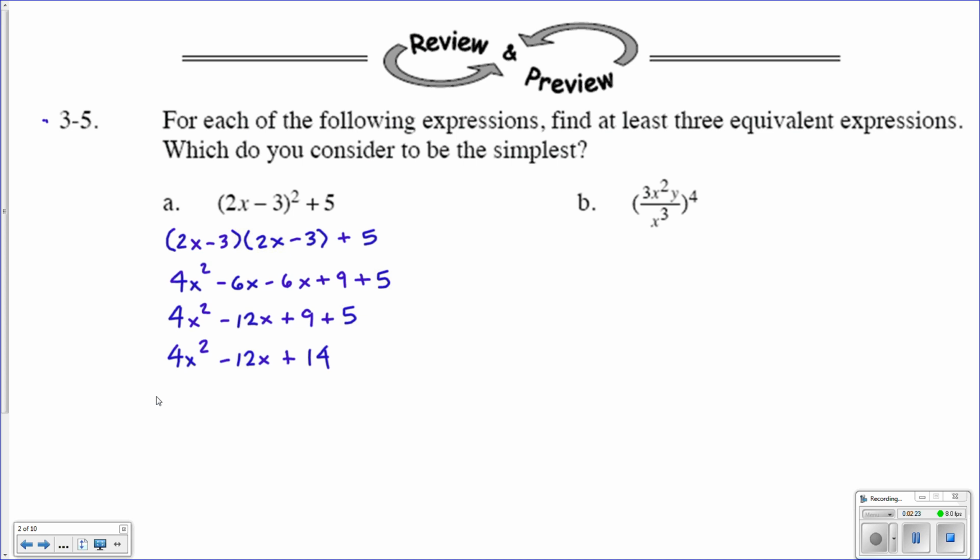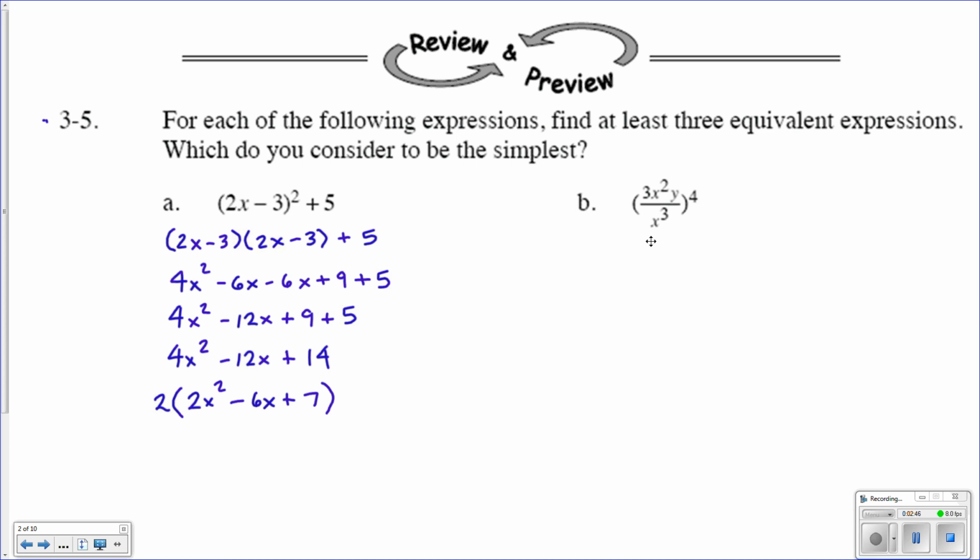We could pull out a 2 and say 2 times 2x squared minus 6x plus 7. I just factored my 2 out of there. That would give us another equivalent expression. So there's at least 5 right there, and there are many more that you could come up with.